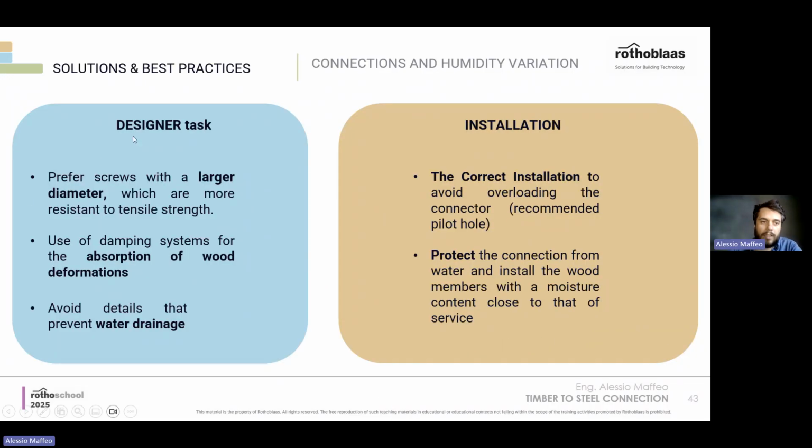So the designer's task is, usually what we suggest is to prefer screws with a larger diameter. You could also just reduce the length and increase the diameter to reach the same resistance.